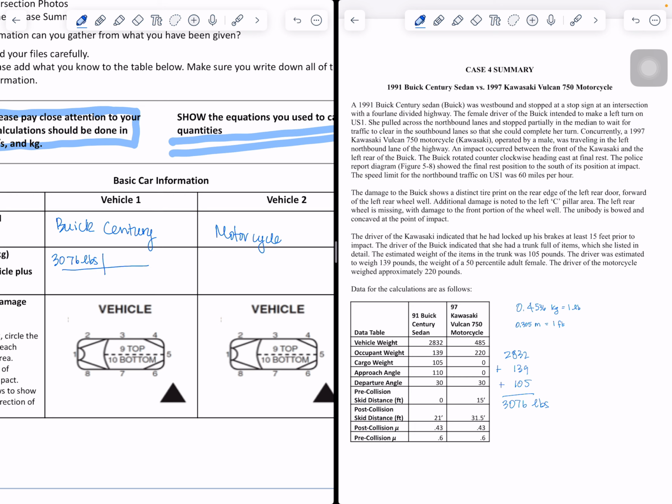So I have 0.4536 kilograms per pound. The pounds will cancel and I'll get kilograms.